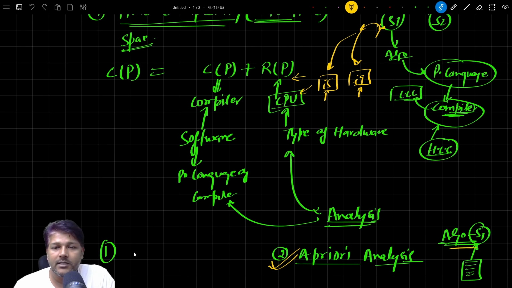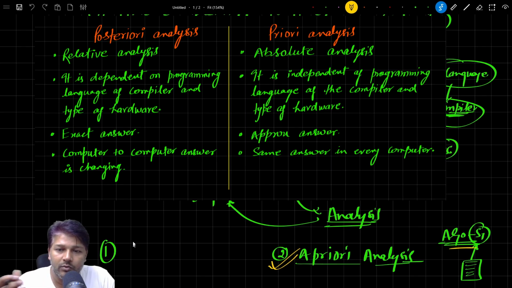Okay, whereas in the posteriori analysis, posteriori means बाद में, means after the solution. First you need to do implementation and then you will run on a particular system, and at the time of running you will measure everything. How much time it is going to take, depending on how much input.